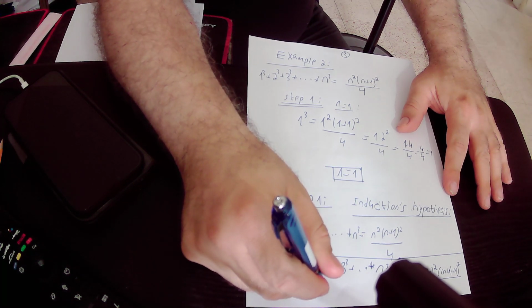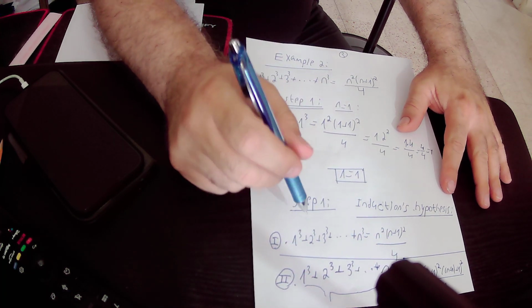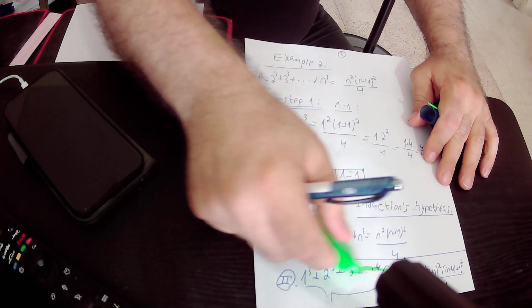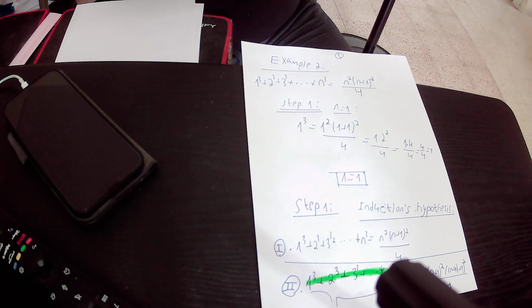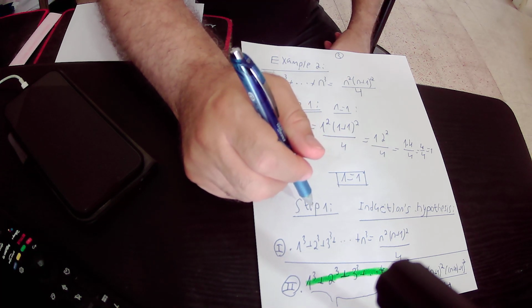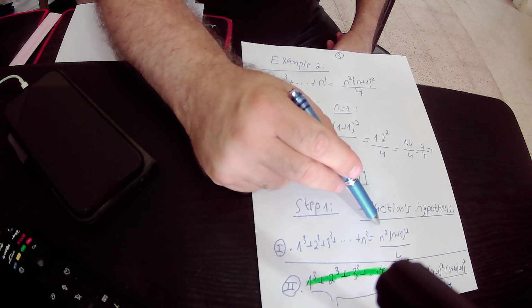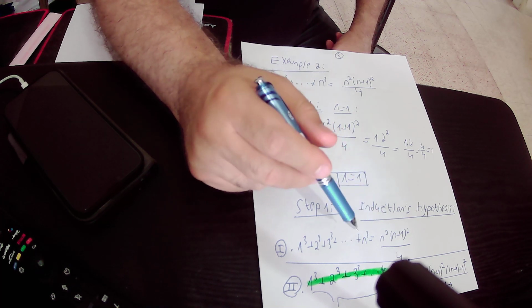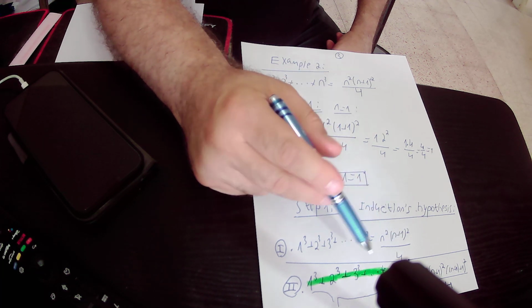We will look at this expression, and according to the expression in green color, we know from the induction hypothesis that this expression equals n squared times n plus 1 squared, all divided by 4.